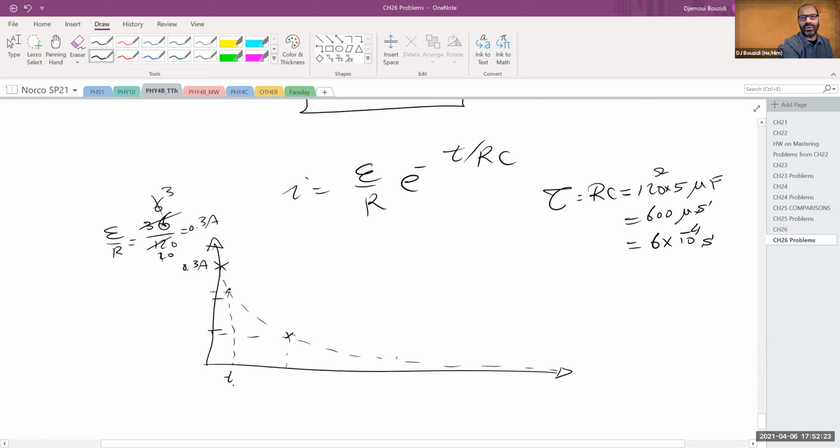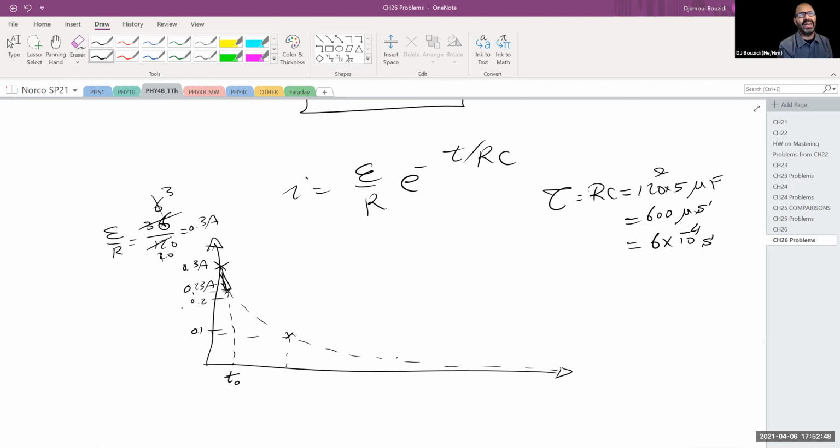So this is the T naught that we need to find, because the current dropped to 0.23 amps. It did not drop a lot, okay? So it's still kind of high, relatively speaking, because if this is 0.1, this is 0.2, and that is 0.3 on this scale. So this is the current where it sits right now, 0.23 amps. That is when the voltage was 8 volts in the capacitor. So we need to find that time.